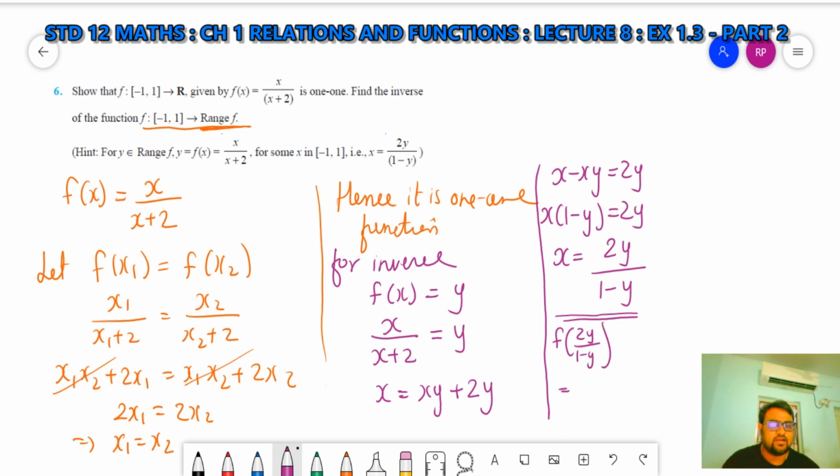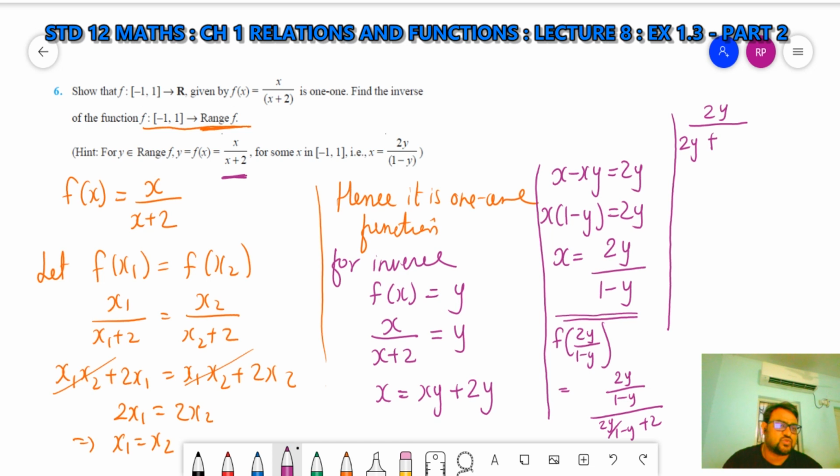Instead of x, I put 2y upon 1 minus y, divided by 2y upon 1 minus y plus 2, in the function x upon x plus 2.